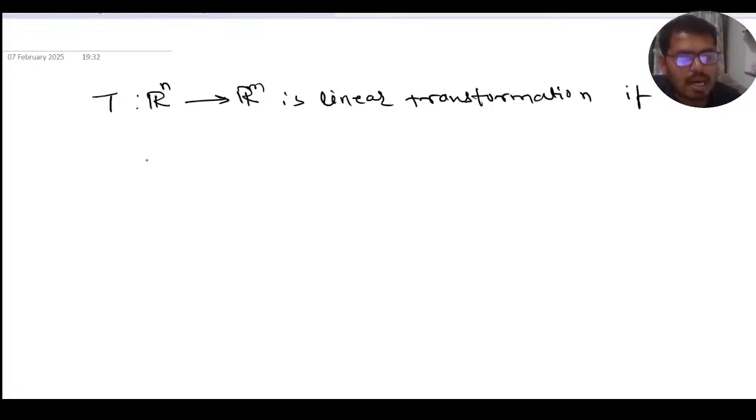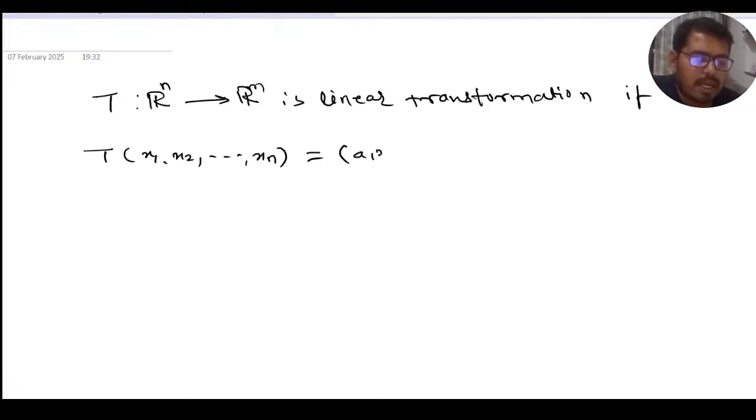That map, here the domain is x1, x2, ..., xn. After transforming, all these n tuples should be transferred. The first tuple is a1 x1 plus a2 x2 and so on plus an xn.